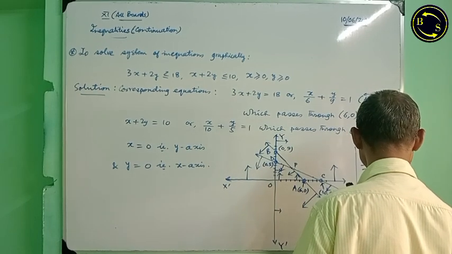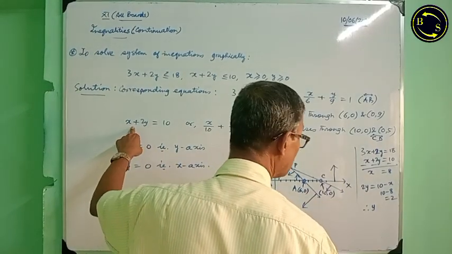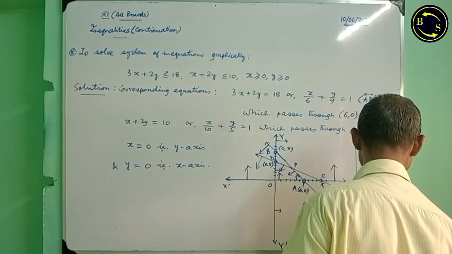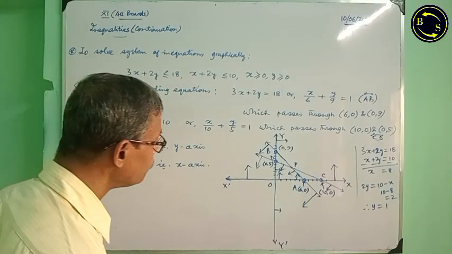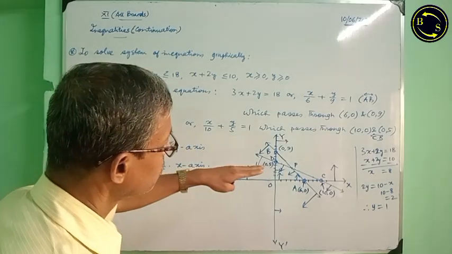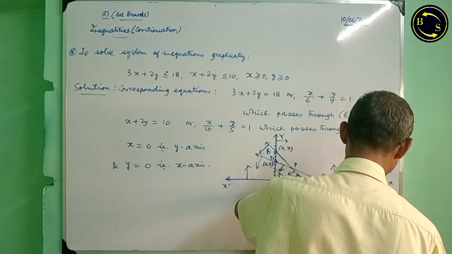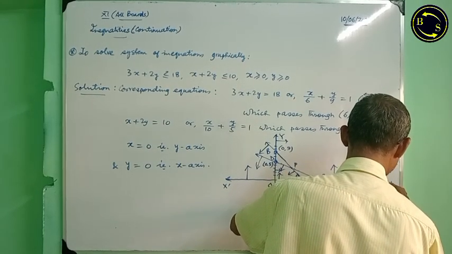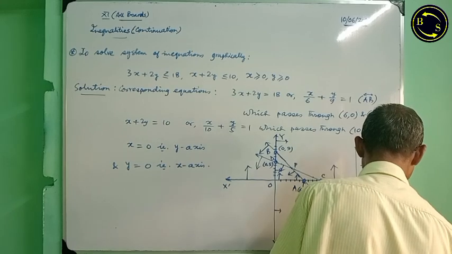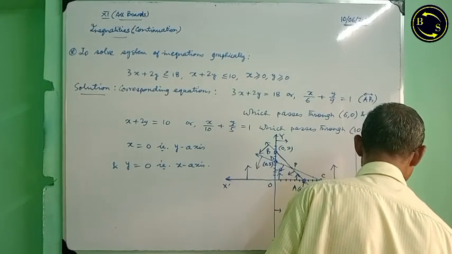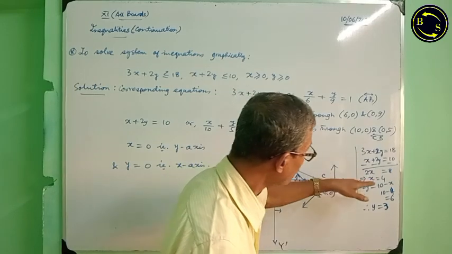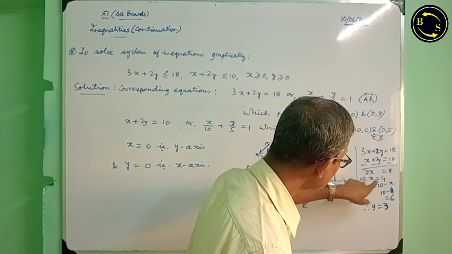Subtracting, sorry, this will be 2x. Solving, we get 2x equal to 8, therefore x equal to 4.